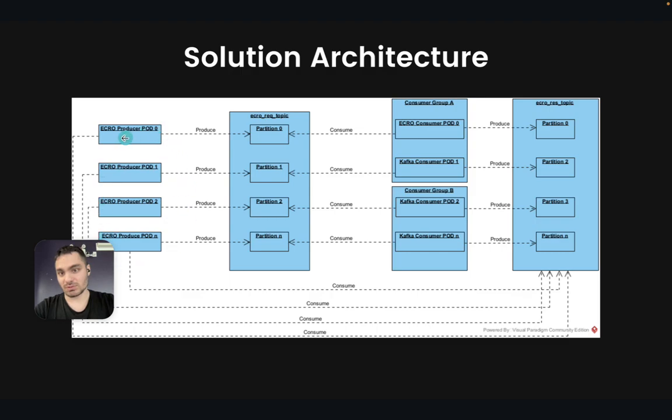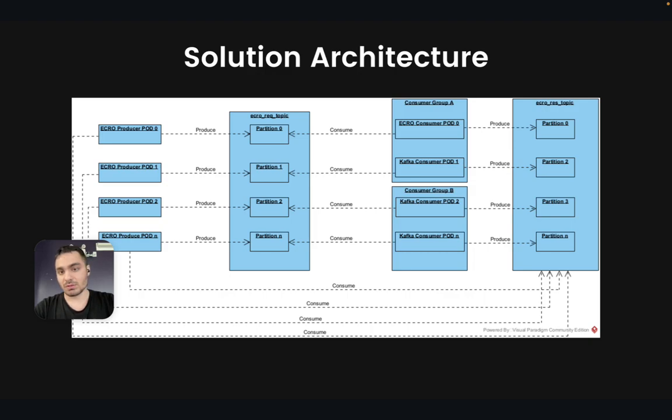The producer sends the request to ECRO rec topic, and this request contains data such as your current geolocation and the destination locations. They can be at least one, two, three, whatever.